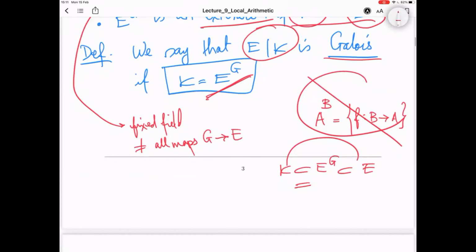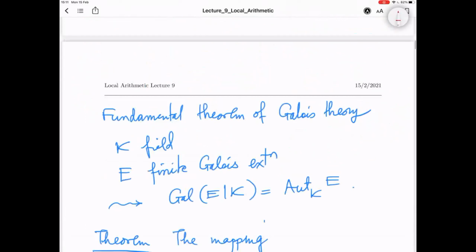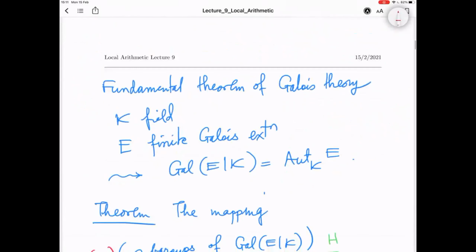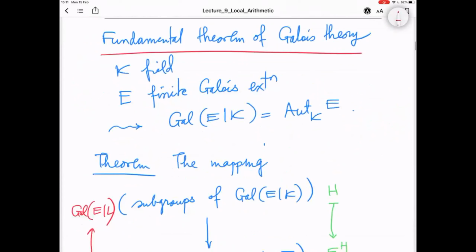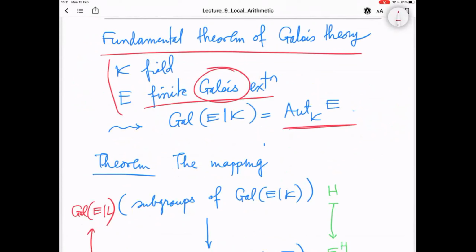Okay. And this is what is sometimes called the fundamental theorem of Galois theory. It says that if I have a field K and E is a finite extension, which is Galois over K, then first of all, this group of automorphisms is denoted Gal(E/K) and called the Galois group of E over K. That's just another name for the group of automorphisms when the extension happens to be Galois, okay?